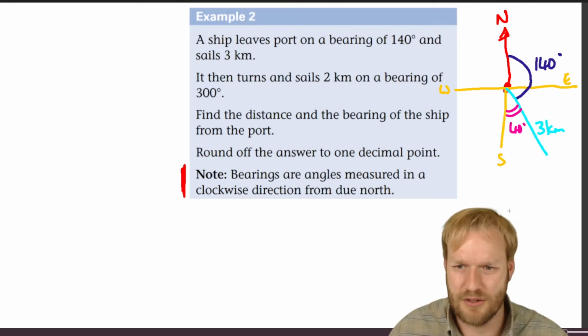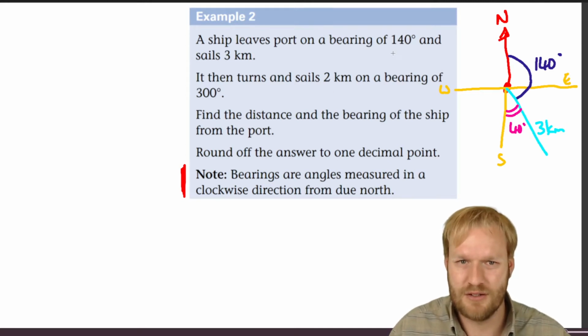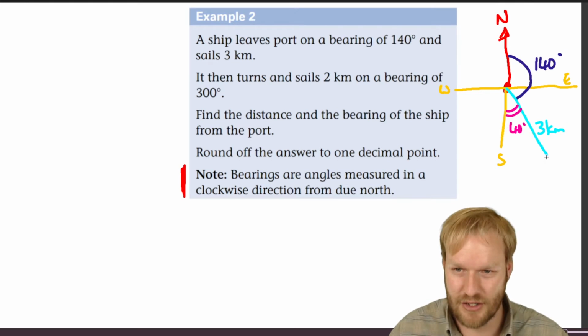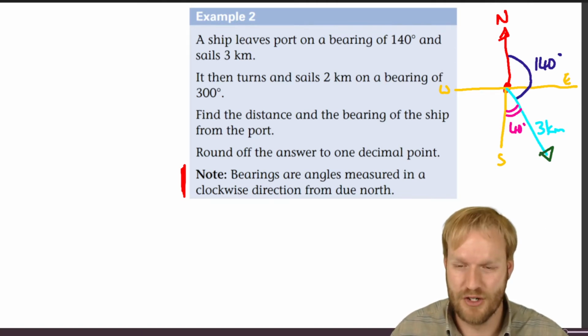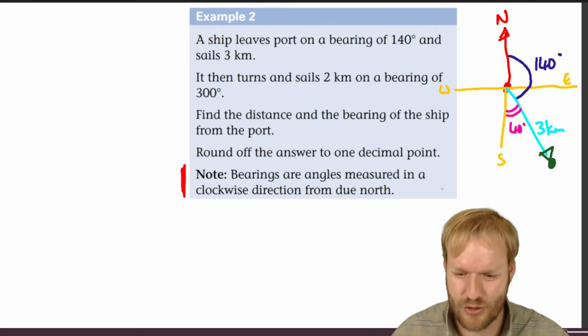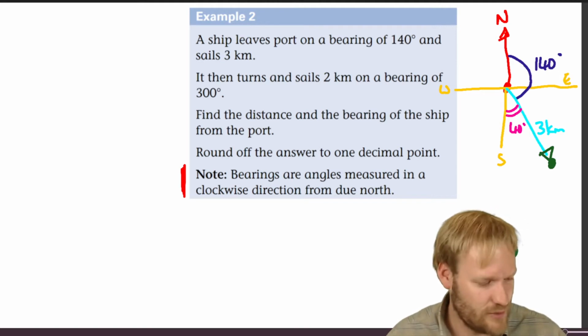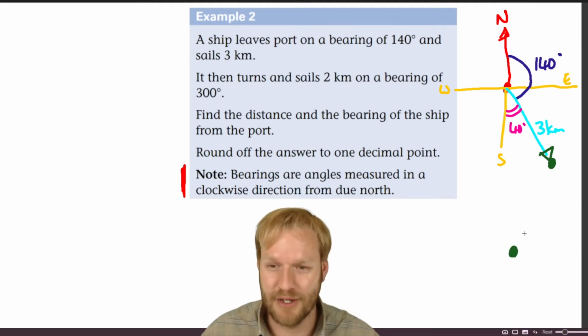That is, once this ship is sailing in this direction, it's gone 3 k's, and then it turns and sails 2 kilometers on a bearing of 300. So from that point there, which I'm going to redraw over here, and we'll redraw one nice big diagram shortly. There we go, it's a bit better.